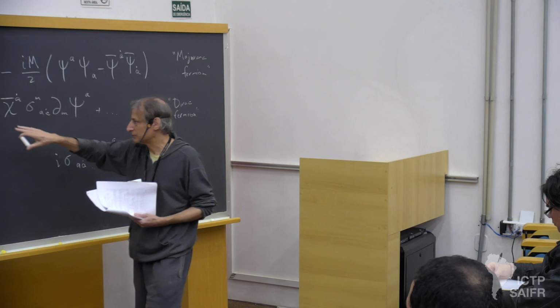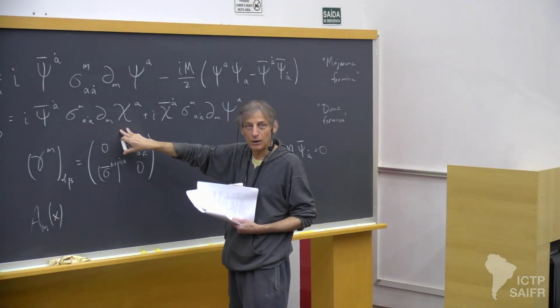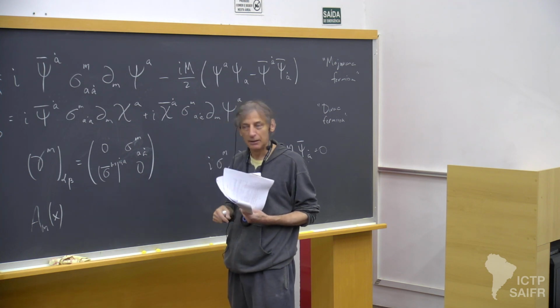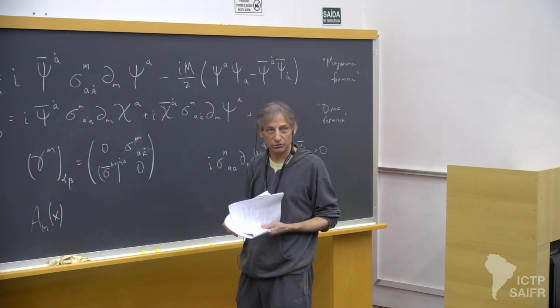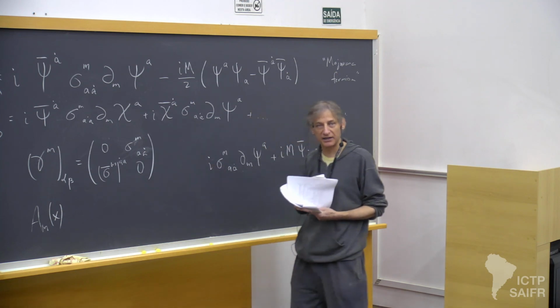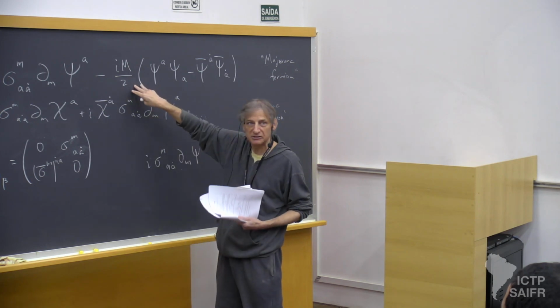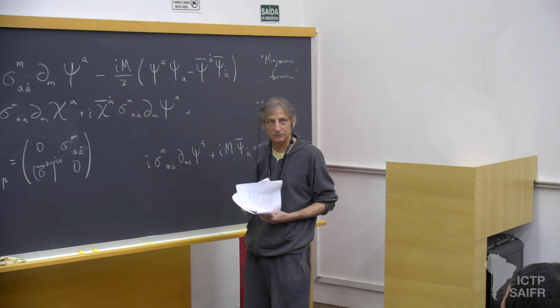Well, I told you that this is not the electron. The electron is here. Why? Because an electron has 2 degrees of freedom. It can be spin up or spin down. But the positron also has 2 degrees of freedom. It can spin up or spin down. So there are actually 4 degrees of freedom described by an electron. That's why you need to have chi and psi. So this action here only describes 2 degrees of freedom, whereas this one describes 4 physical degrees of freedom.